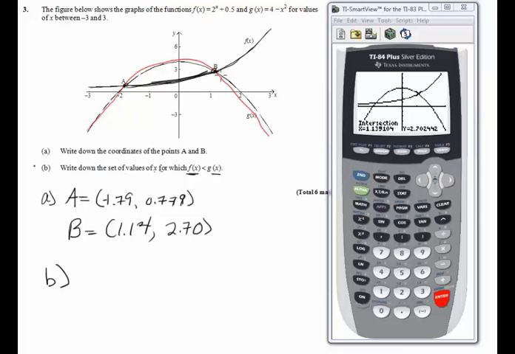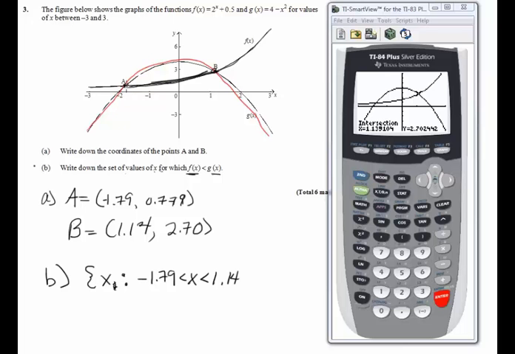And basically, those are your answers from part A and B, but they say the set of values x. So when you say it's the set of values x such that, negative 1.79 is less than x, and x is less than 1.14.